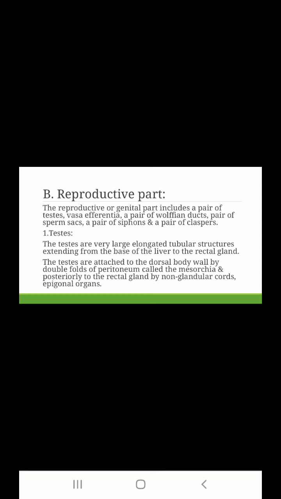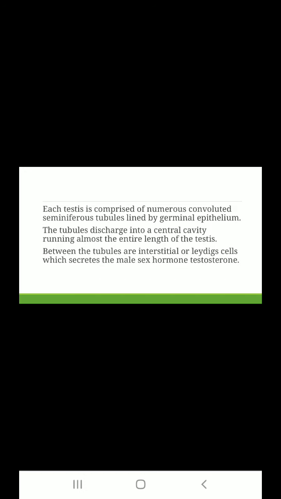Firstly, testes. The testes are very large, elongated, tubular structures extending from the base of the liver to the rectal gland. They are attached to the dorsal body wall by double folds of peritoneum called the mesorchium, and posterior to the rectal gland by non-glandular cords, the epigonal organs.